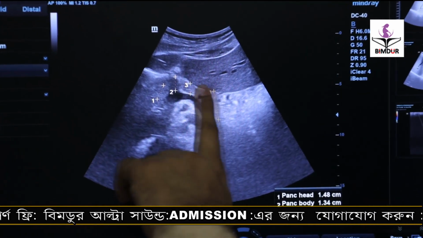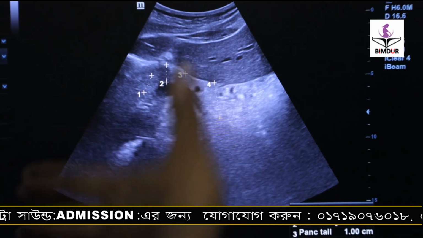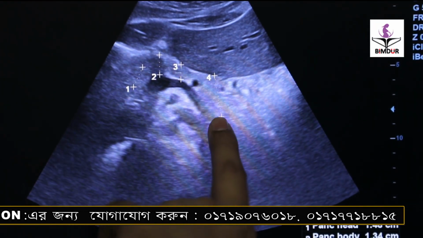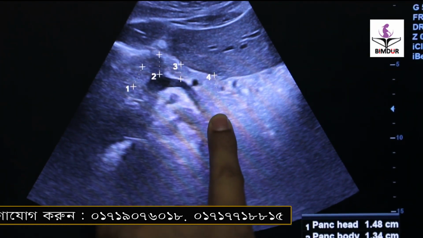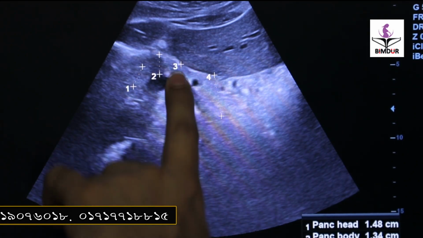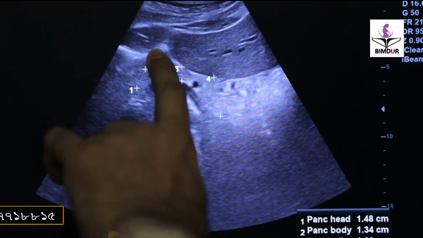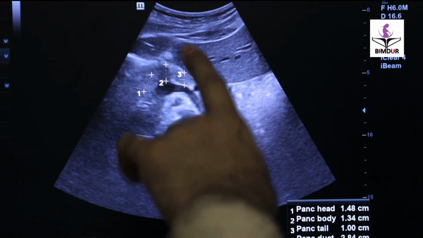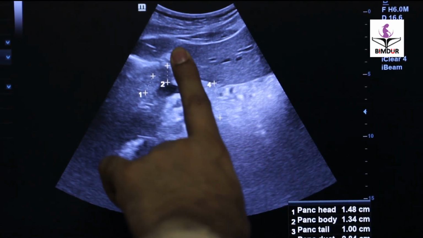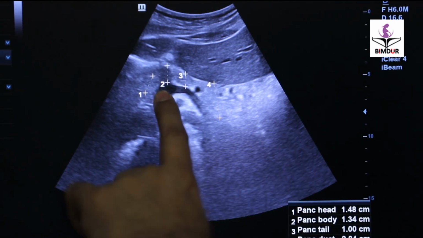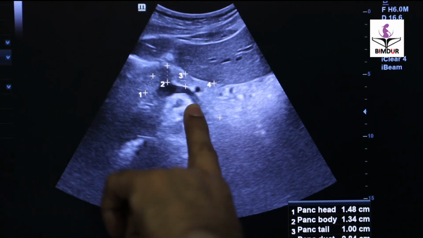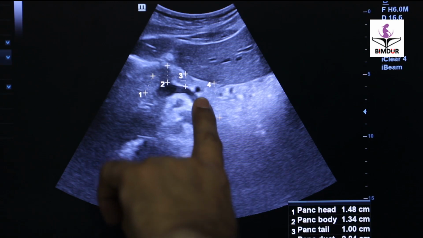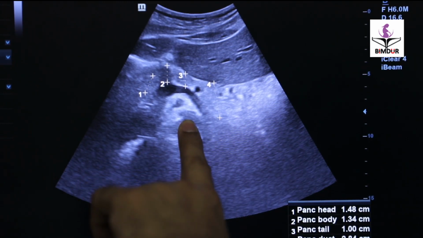The pancreas shape looks triangular, and this is tail of pancreas. This is the body of pancreas. This is the neck of pancreas. This is the head of pancreas, and this is the left lobe of liver, and this is portal vein, and this is splenic vein, and this is abdominal aorta.